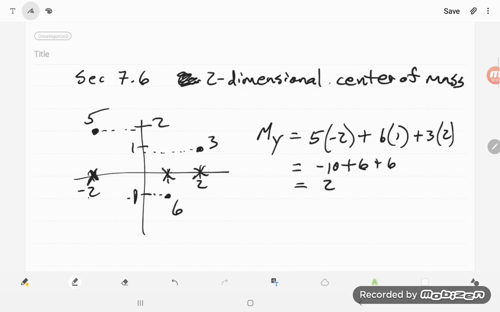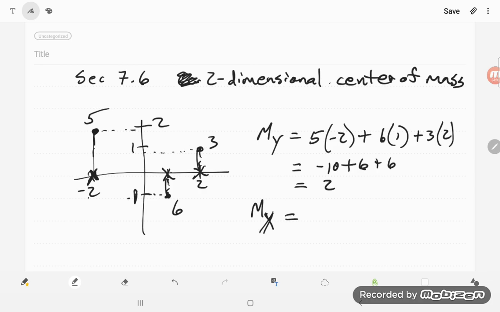And similarly, I can find the moment about the x-axis. Now, for the x-axis, I want to think of these vertical distances, because if it's about the x-axis, I want to treat that as sort of the 0 and ask how far each of these is away.